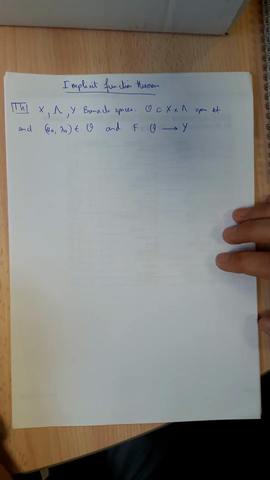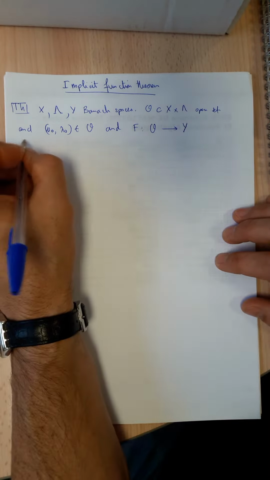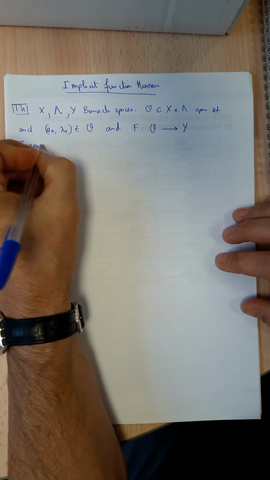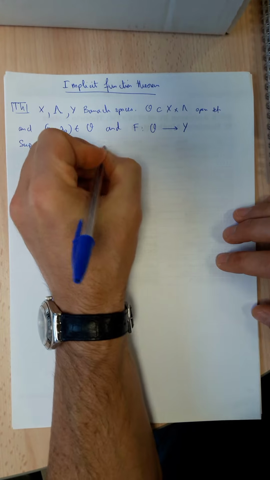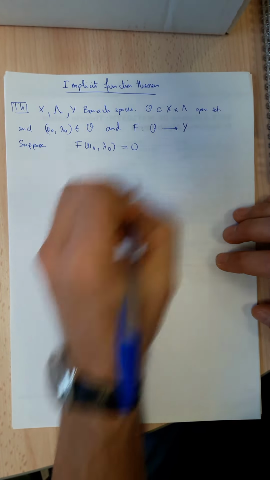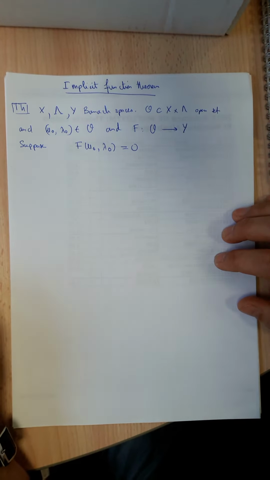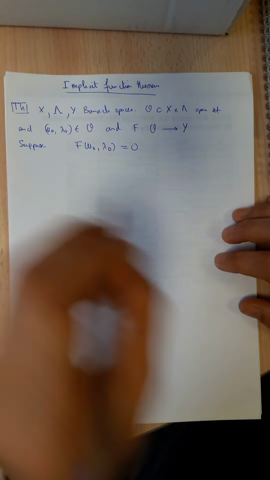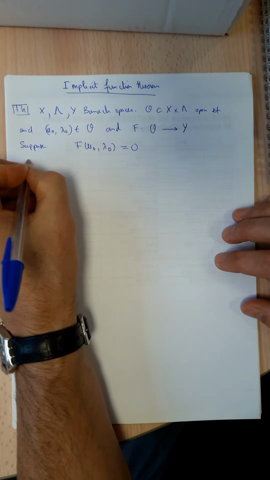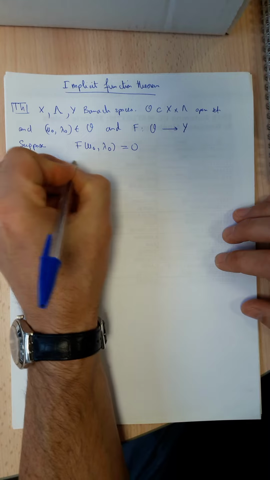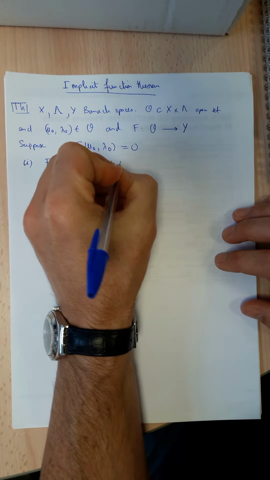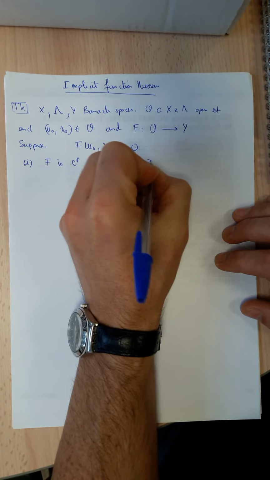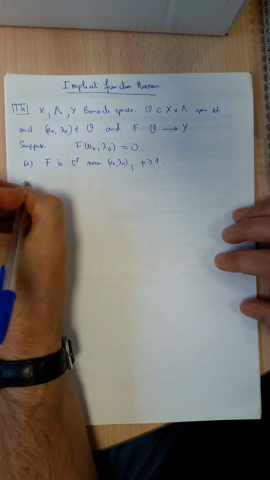Okay, so what assumption are we going to make in addition to these data? Suppose first that (u0, λ0) is a solution to the equation f(u0, λ0) = 0. Assume in addition that f is C^p near the point (u0, λ0) for some p bigger than 1.